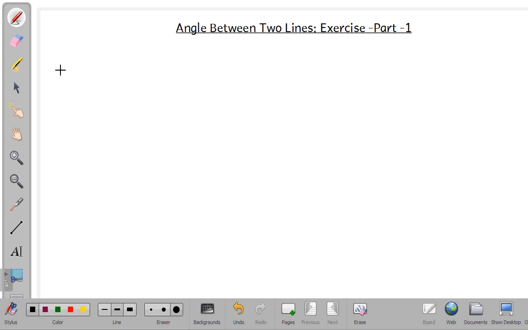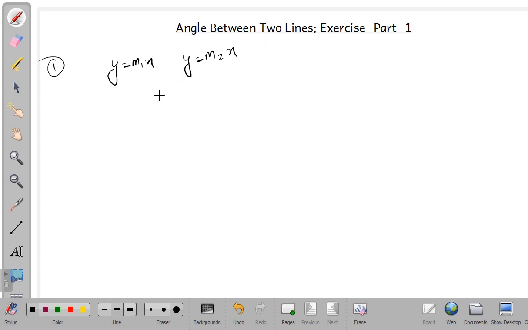The first one: what was the condition, or rather, how to calculate the angle between two lines? Whenever two lines are given to you, for example y = m1x and y = m2x, how will you find the angle between them?